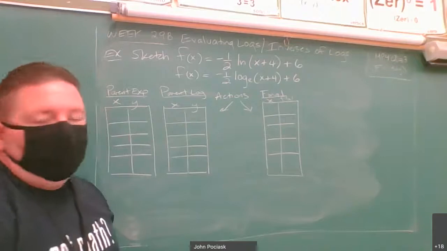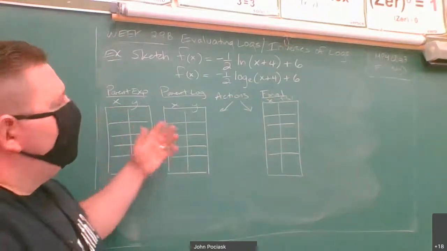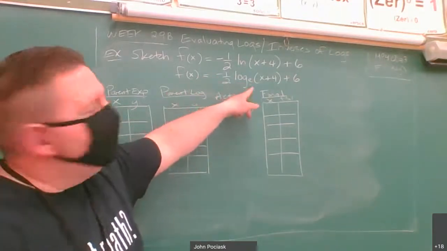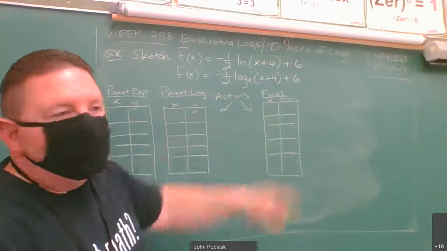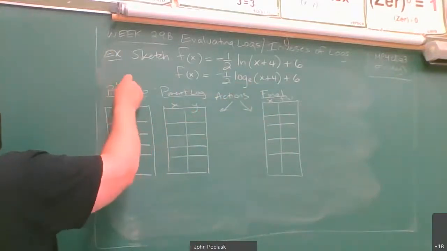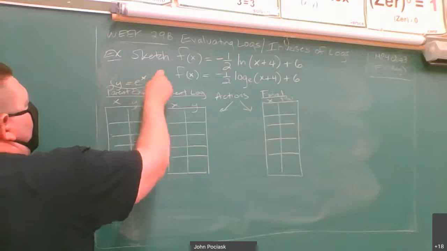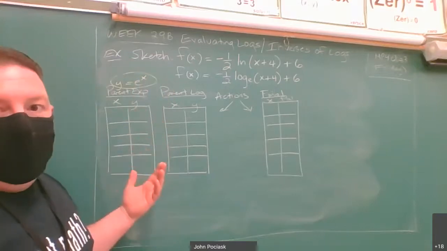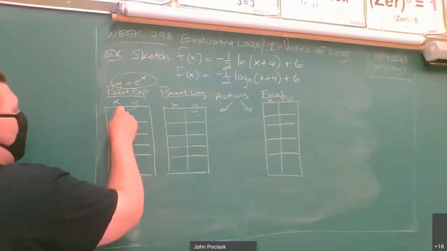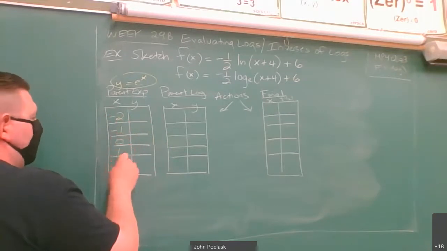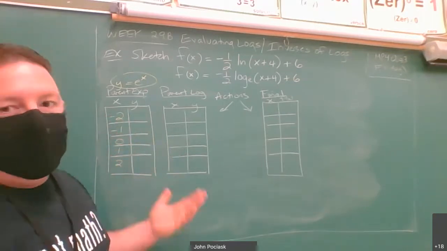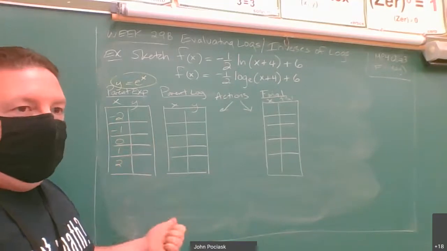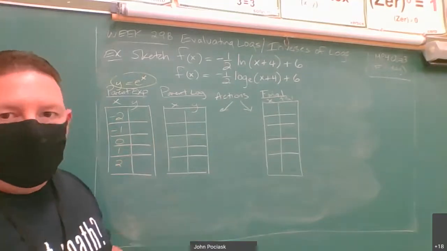So your first table is your parent exponential. It has the same base as this. This is a base e log, so you want y equals e to the x. You could generate it on your own, but this is probably a good one to memorize because you're going to use it every time you do a graph involving e or a natural logarithm.